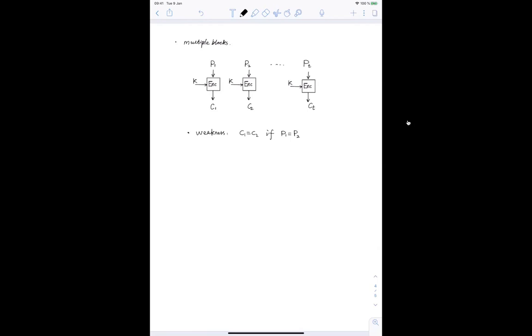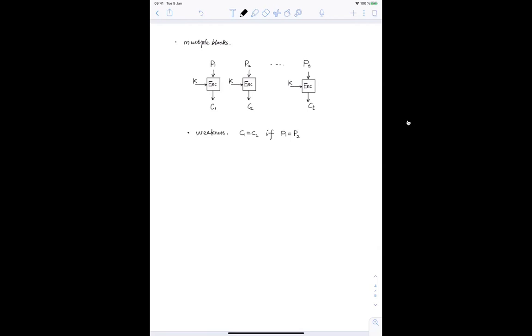And if we use the previous process, the so-called ECB mode, electronic codebook mode, where each block is encrypted separately, then the final ciphertext of this image will be like this.